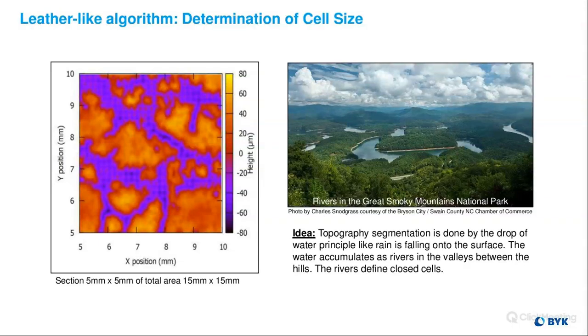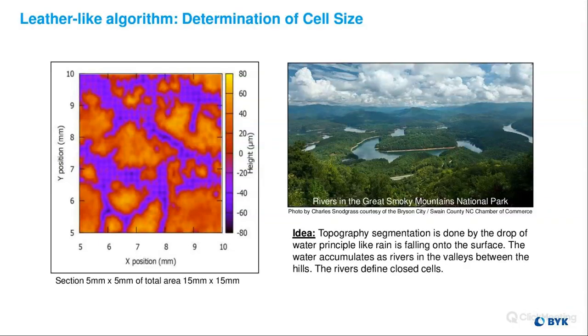We do that by the segmentation called the watershed segmentation, and we do it by the drop of water principle. What that basically means is if you have a topographical map and you drop little bits of water into that map, it slowly starts to fill up, like how, if you have a mountain, the valleys get filled up with rivers.